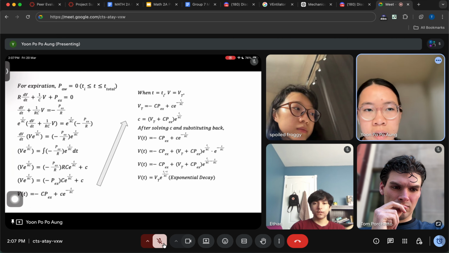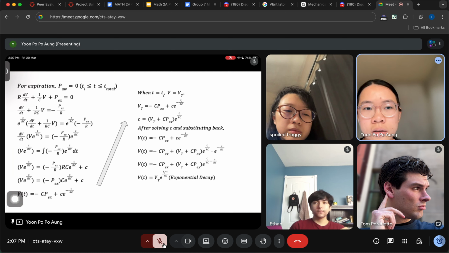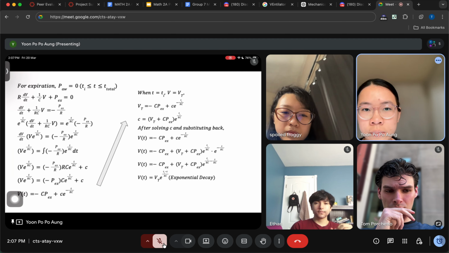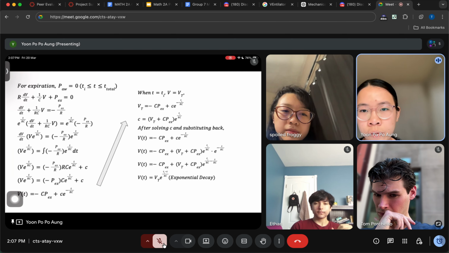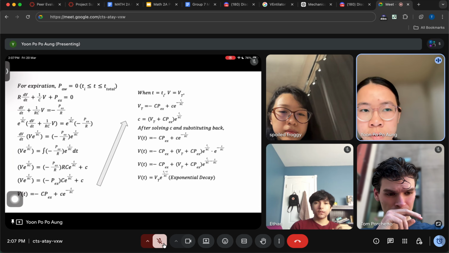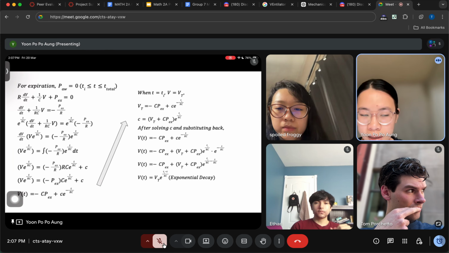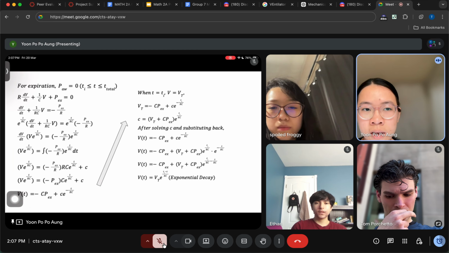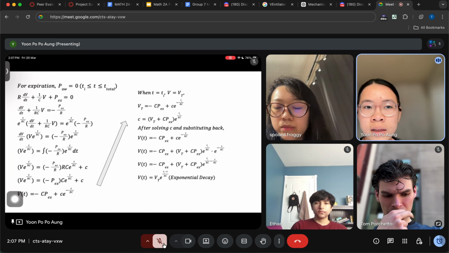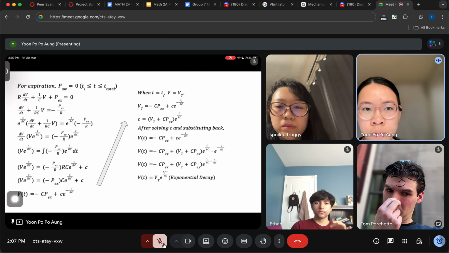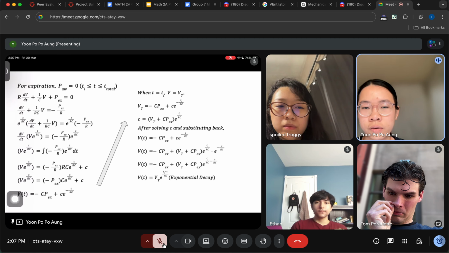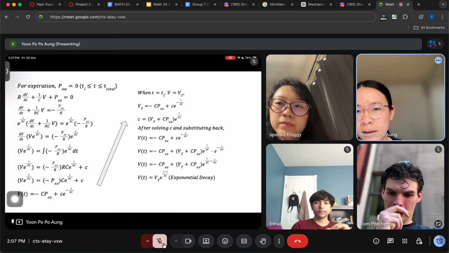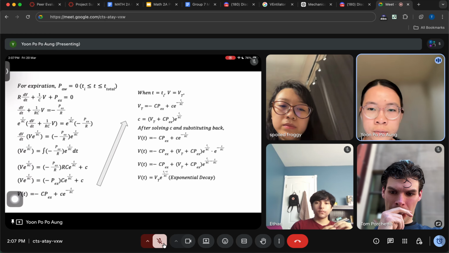So now we get to the expiration part. The machine pressure P_aw is removed, since it is equal to 0, and it is also the expiration phase, so the air is going out. So we can use a separable ordinary differential equation, using the same format again as we used in the inspiration phase.